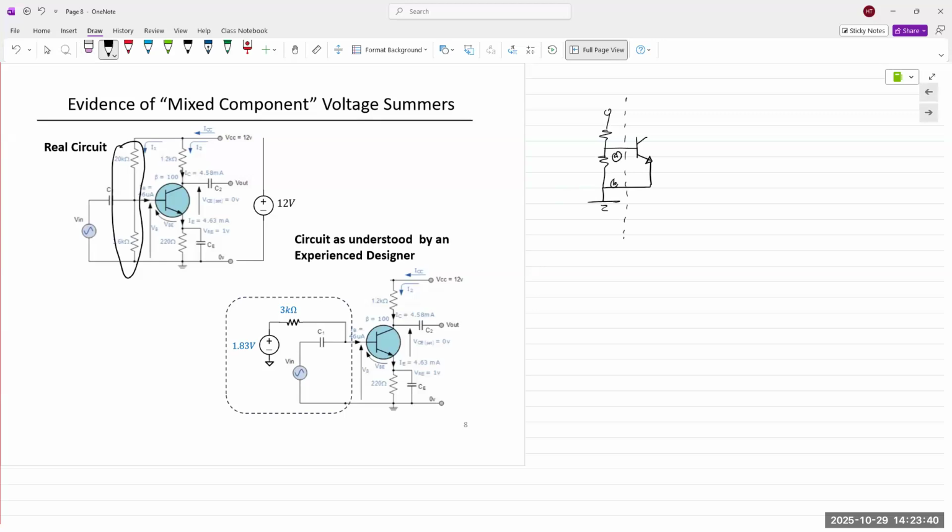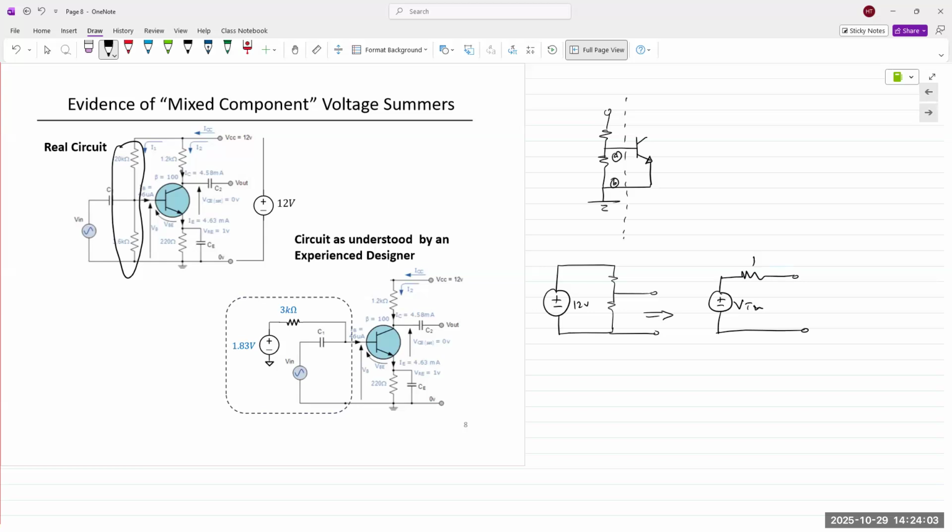And this is A and B. We can describe this as plus minus 12 volts. And this goes into the base. And you get Thevenin voltage and Thevenin resistance.